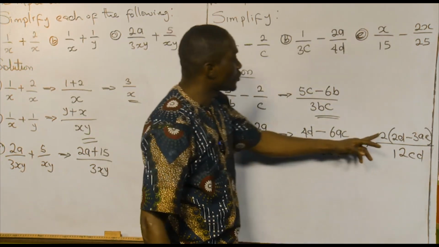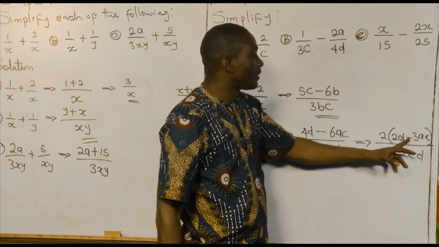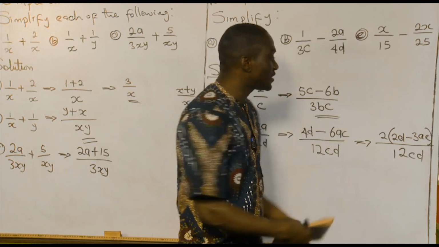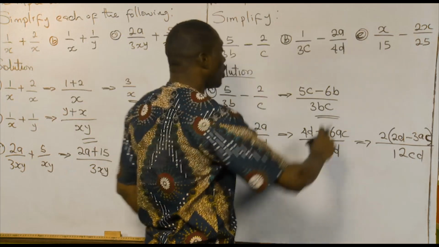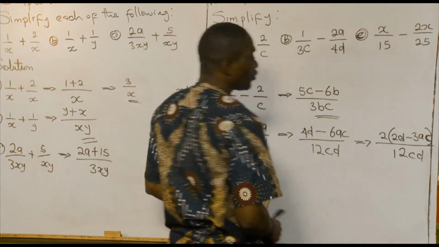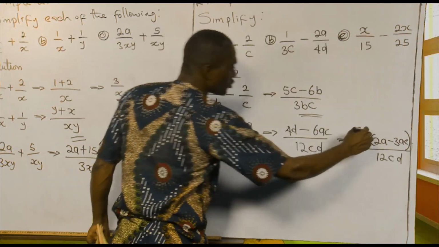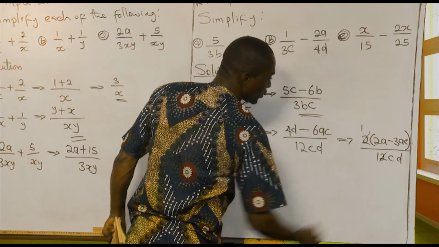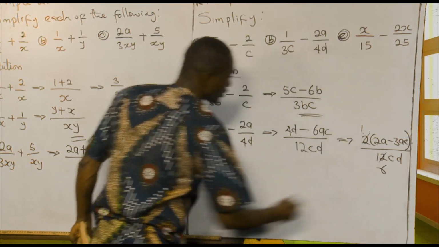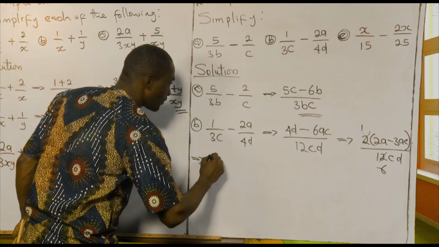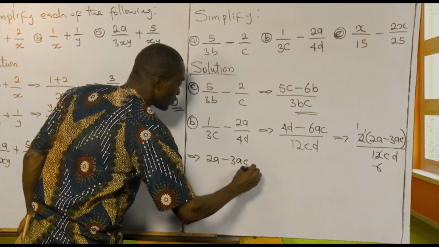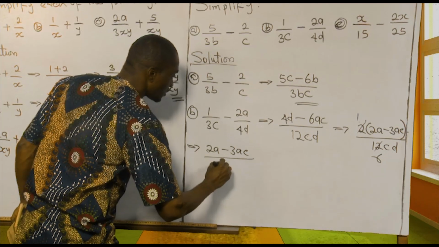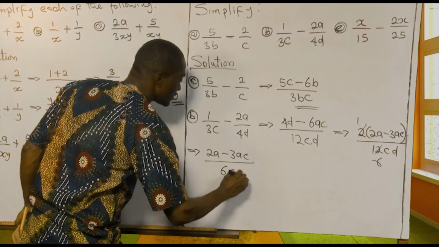So we have 2 open bracket 2D minus 3AC, close bracket, everything over 12CD. 2 in 2 gives 1, 2 in 12 will give us 6. So we have 2D minus 3AC over 6CD.